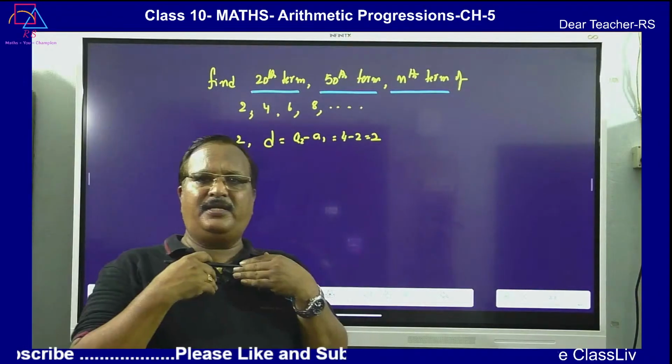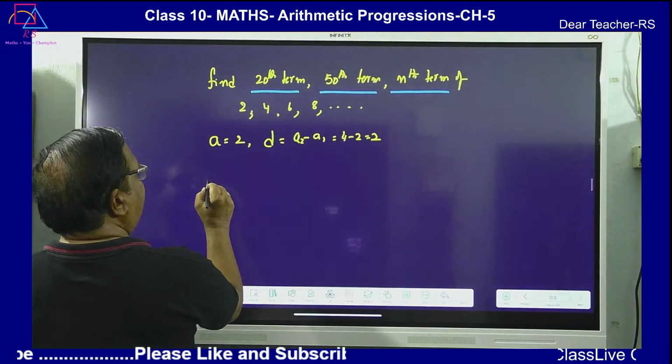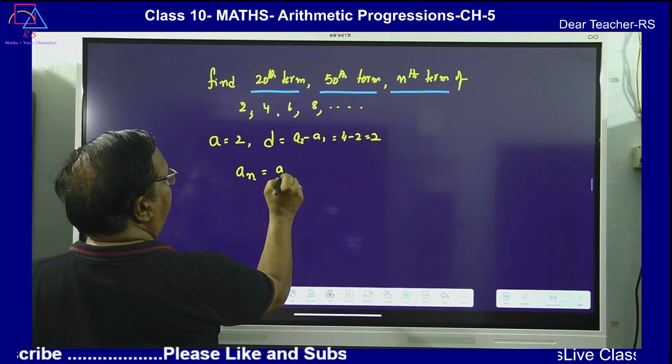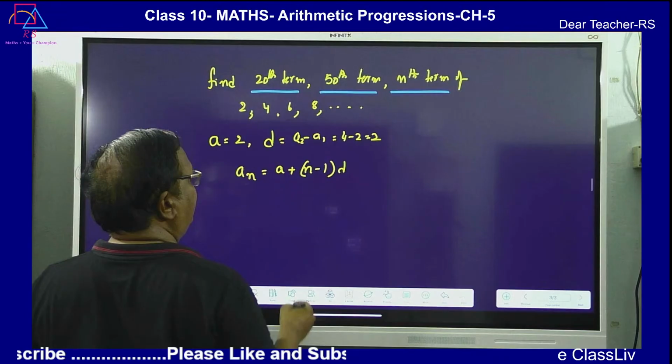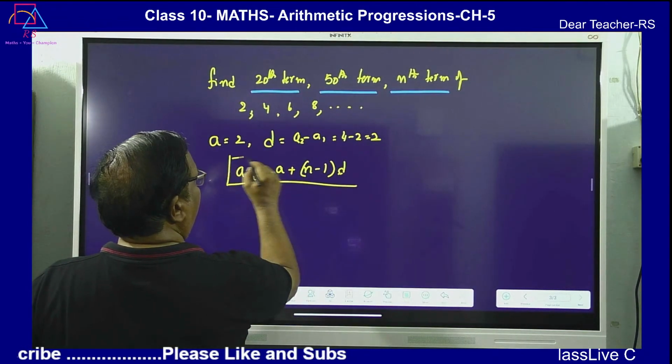You can find any term. For the nth term formula, you have to write A plus n minus 1 into D. This formula you have to remember.